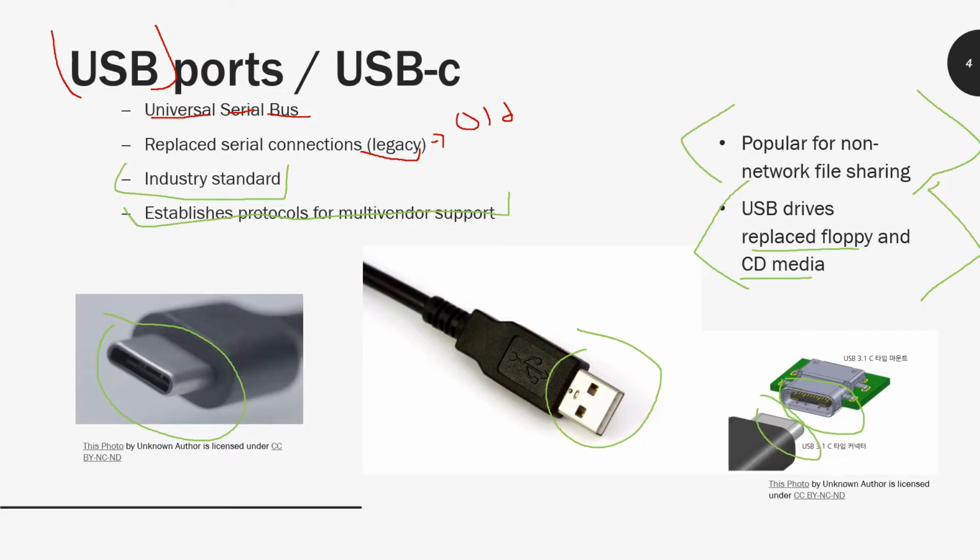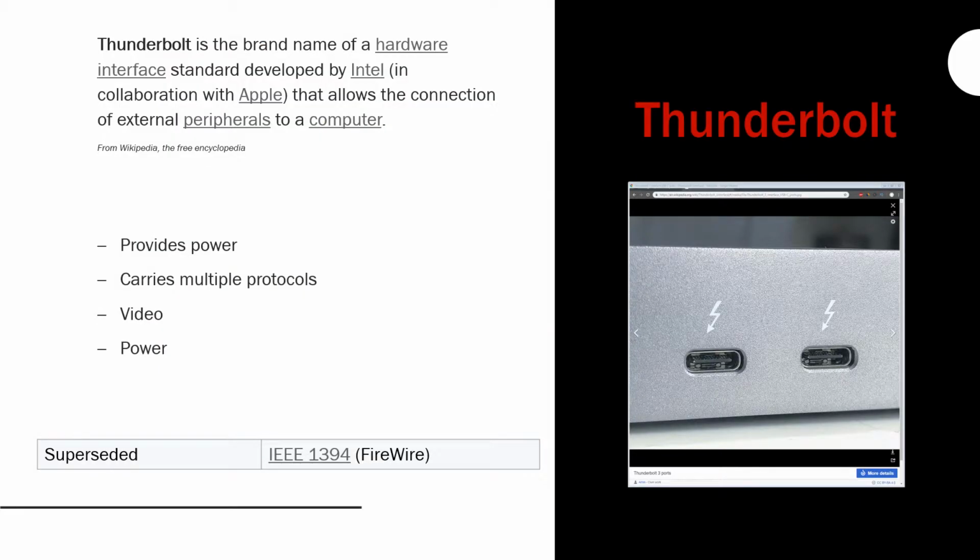Isn't that crazy? And speaking about proprietary technology, we're going to talk about Thunderbolt, which is the brand name of a hardware interface that was created by Intel and Apple, the most proprietary people in the world. Well, proprietary corporations. So, Thunderbolt provides power, carries multiple protocols, so it will allow you to do Ethernet connections and video connections, power.